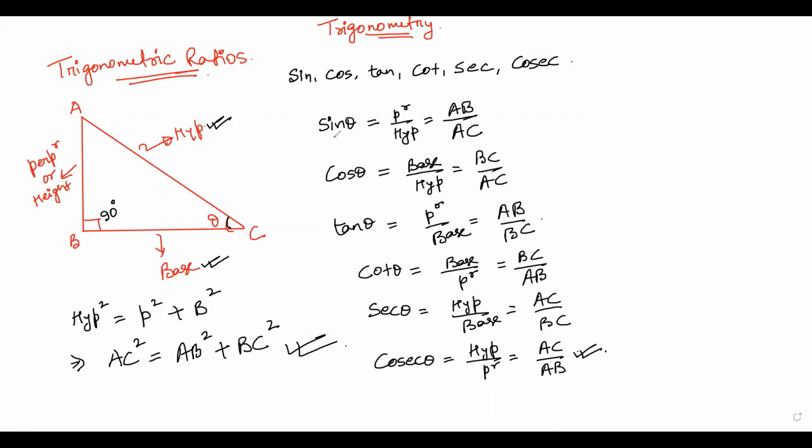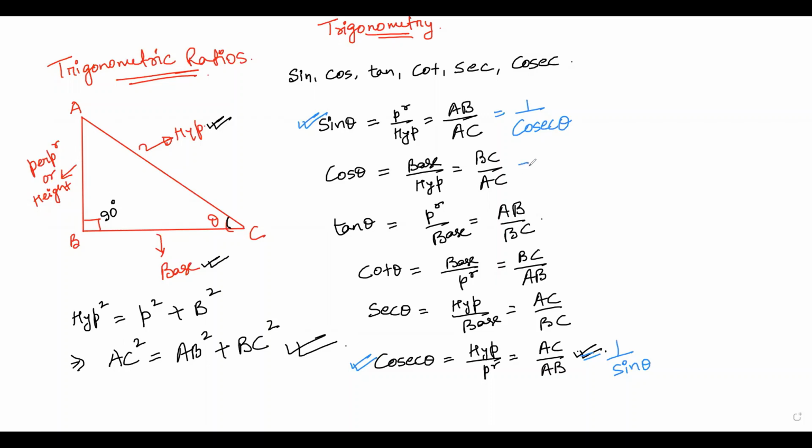Now, if we observe carefully, sine theta is AB upon AC and cosec theta is AC upon AB. So sine theta can be written as 1 upon cosec theta, or cosec theta can be written as 1 upon sine theta. In a similar way, cos theta is BC upon AC and sec theta is AC upon BC.